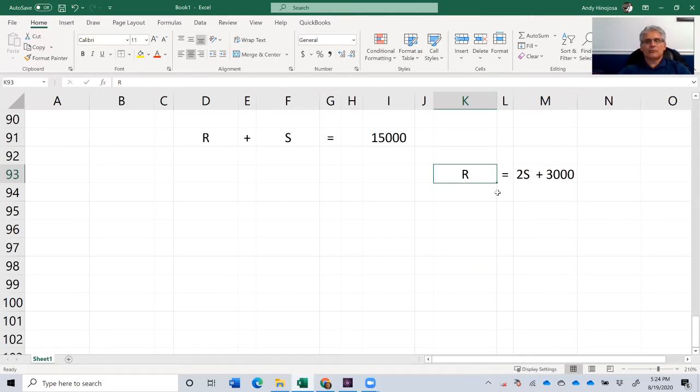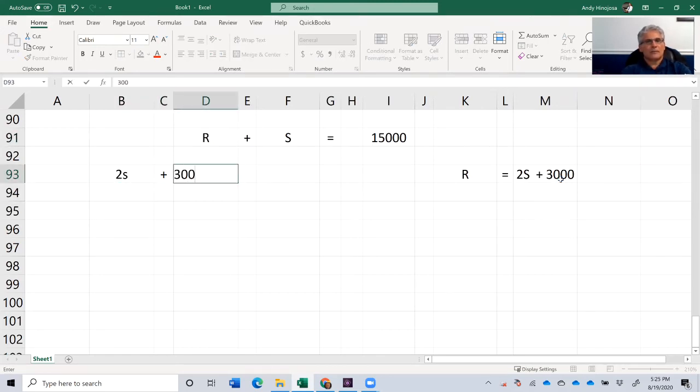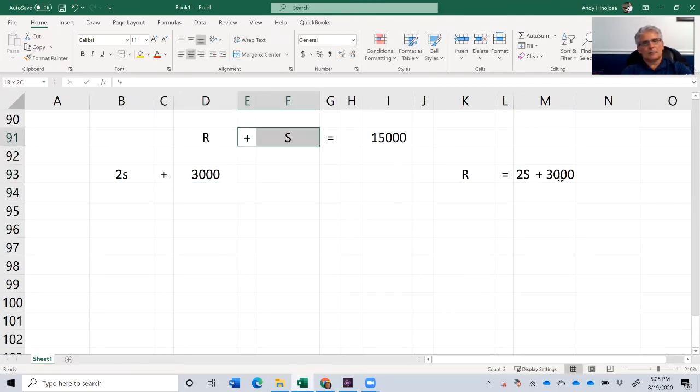Now all we have to do is substitute the R for this. And if we do that, then we have like terms. So we'll put 2S plus 3,000 plus the S equals 15,000.